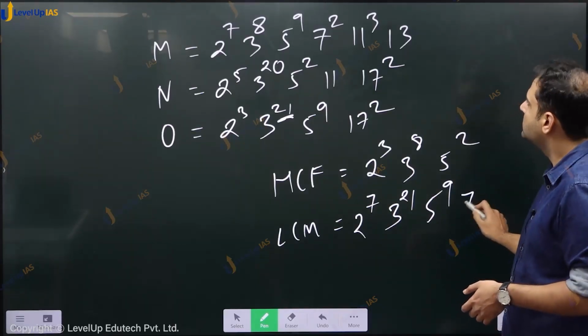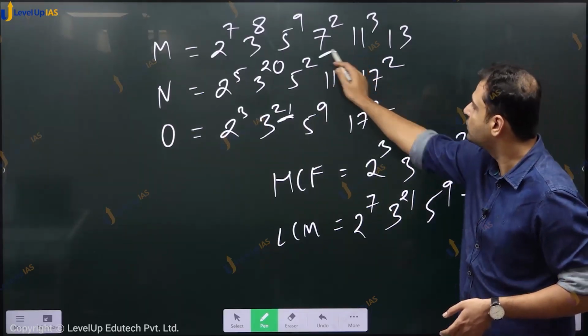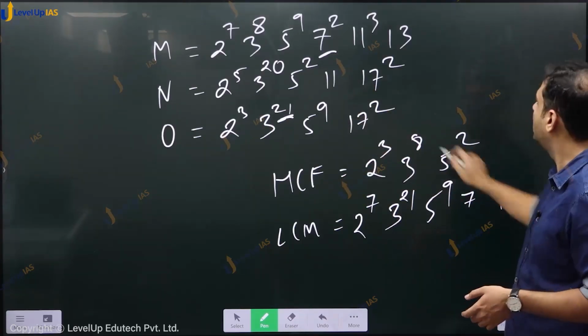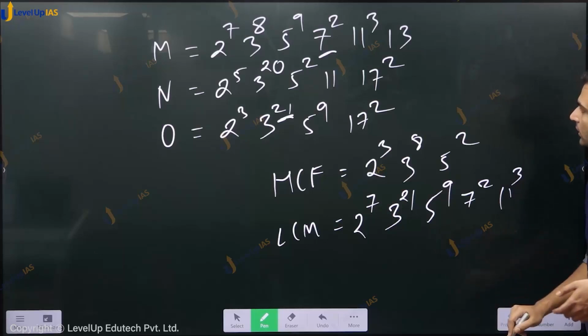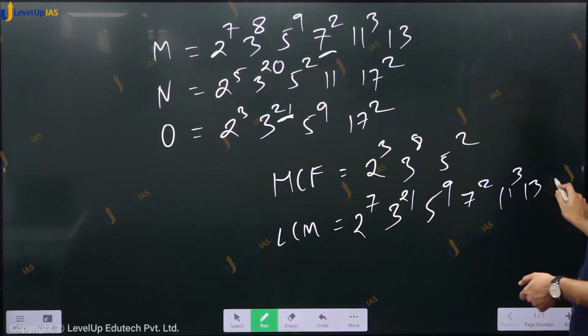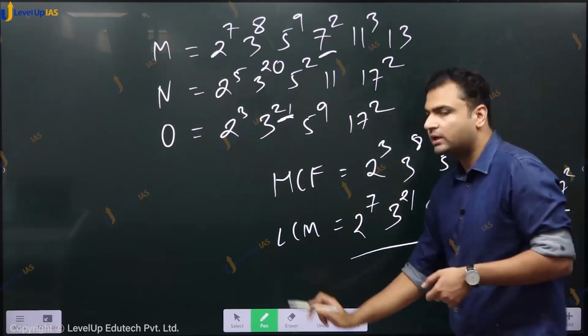Then 7 square has to come. 11 has to be there, but 11 cube has to come. 13 has to be there, and 17 square. This is the LCM.